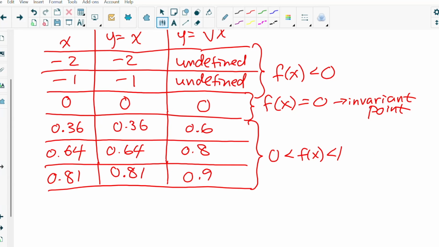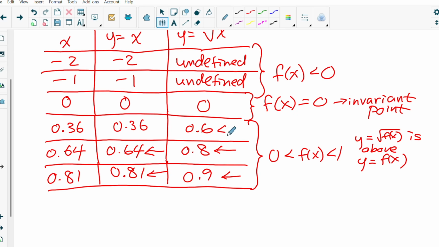And what happens here is the graph of y equals square root of f of x is above y equals f of x. And you can see that with these y values. You can see that this y value 0.8 is greater than 0.64, 0.6 is greater than 0.36.